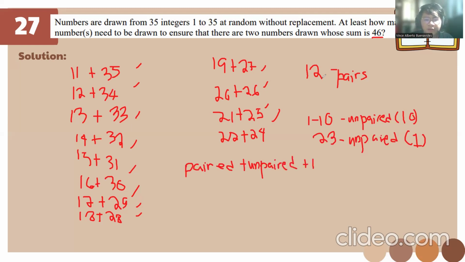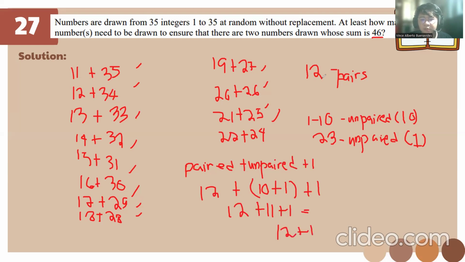So we have 12 plus 11 plus 1, then 12 plus 12. All in all, it's 24.